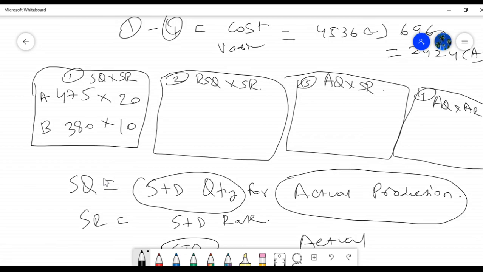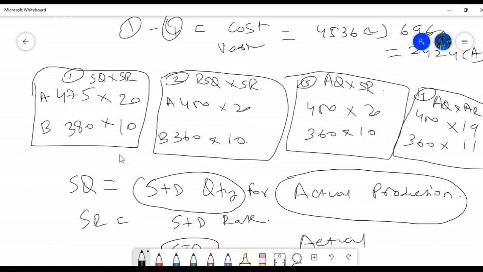The standard rate is given, and here the actual quantity is directly available in the question. That also is 450, 360 into standard rate 20, 10. Actual quantity 450, 360 into actual rate 19, 11.